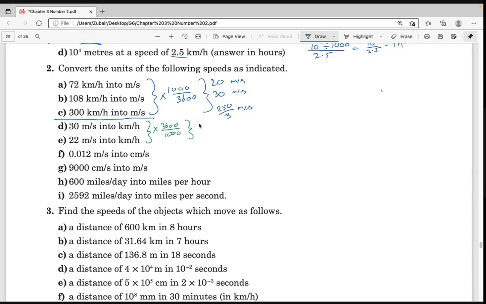The first one is giving me 108 kilometer per hour, and second is giving me 396 by 5, which is 79.2 kilometer per hour. Try this meter per second part.